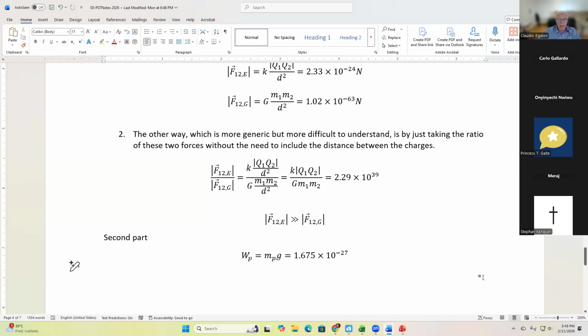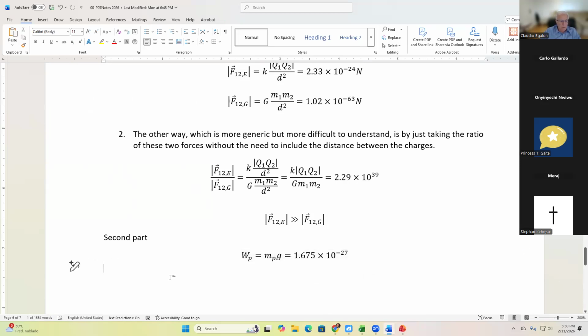Okay? Again, I'm going to repeat, right? What you have here is the weight of the proton on the surface of the Earth. What you have here is the electric force of attraction between the proton and the electron. And here is the gravitational force of attraction between those two particles.